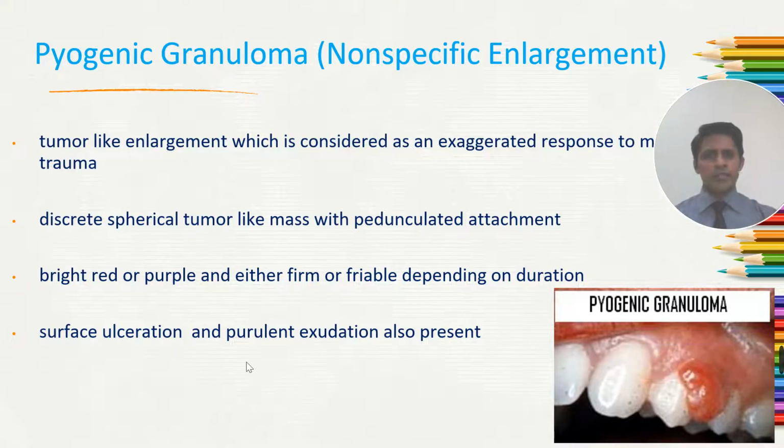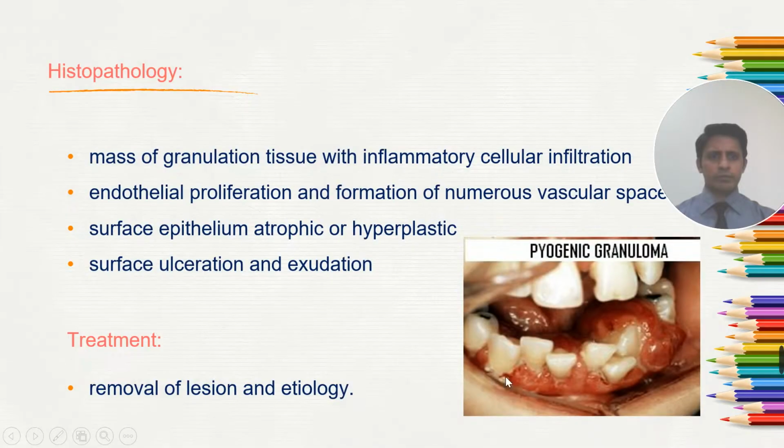Surface ulceration and purulent exudation may also be present. This is pyogenic granuloma. It may be a pedunculated or spherical tumor-like mass. This is also a pyogenic granuloma extending lingually.